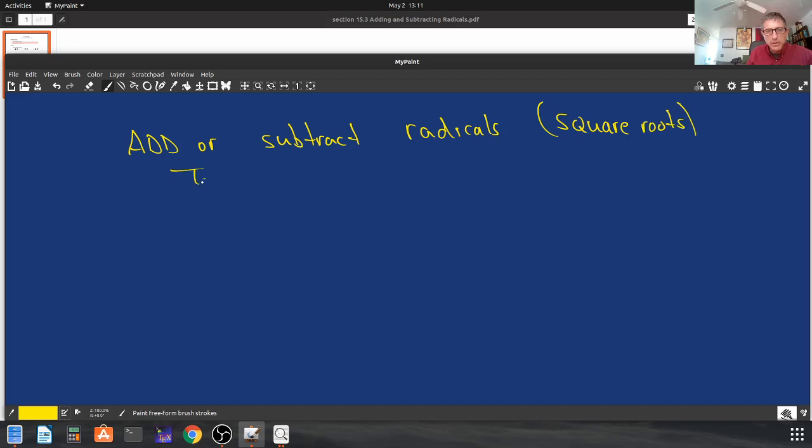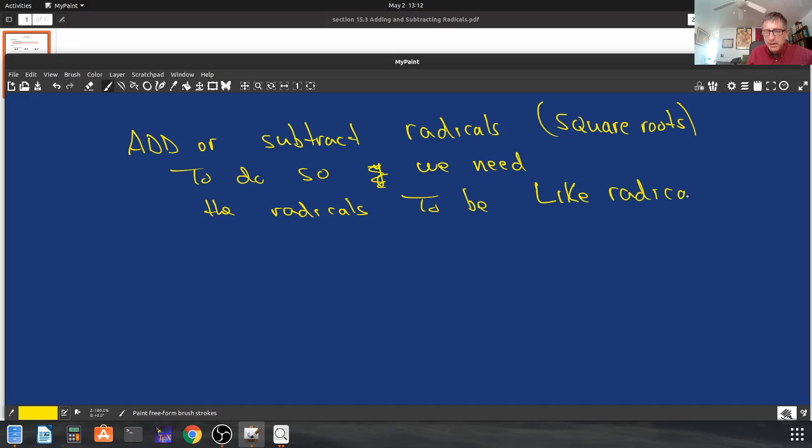To do so, we need the radicals to be like. In other words, we can't do anything unless they have the exact same expression under the radical sign. Then we just add as normal.